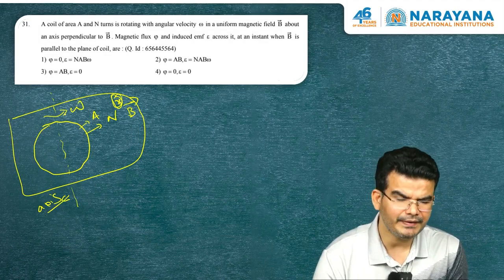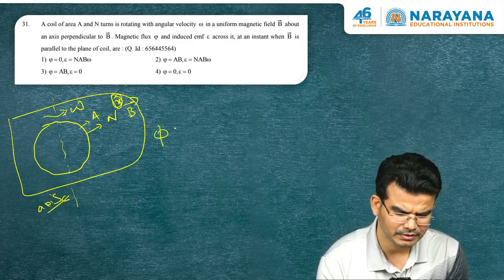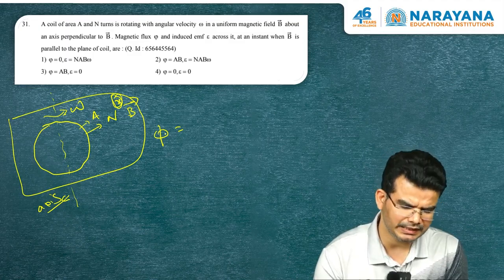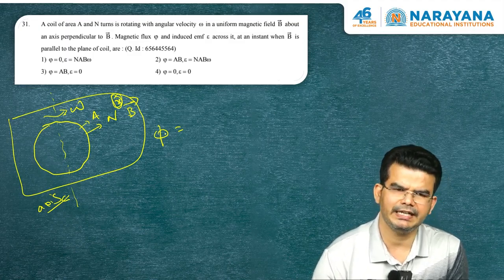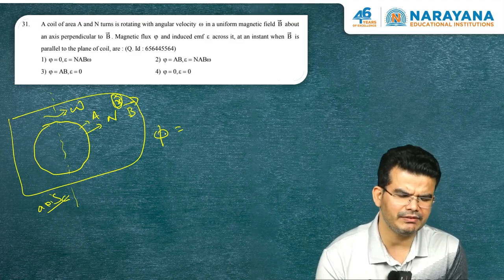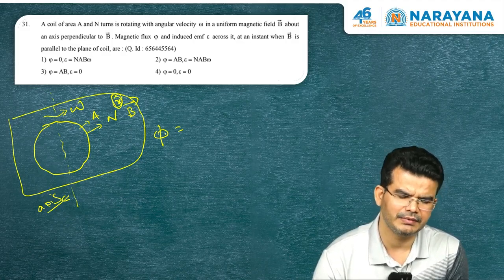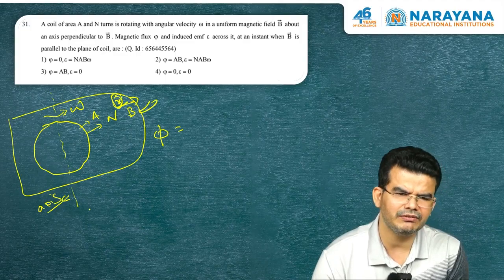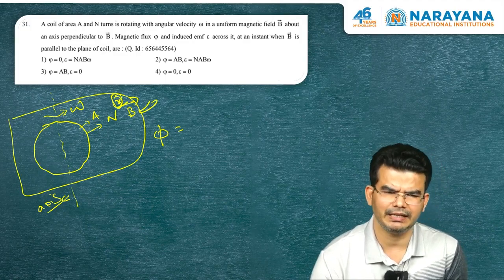Now, if I have to write the flux at any moment, let us say the initial area vector is inward. Can I take the area vector as outward or inward? Let us take the initial vector inward. So, the magnetic field is also inward, the area vector is also inward. At t equal to 0, what is the angle? The angle is 0.